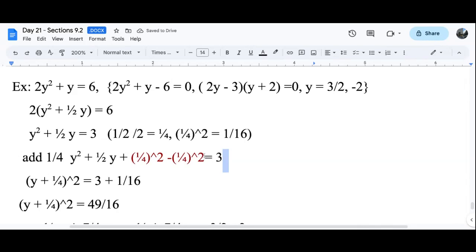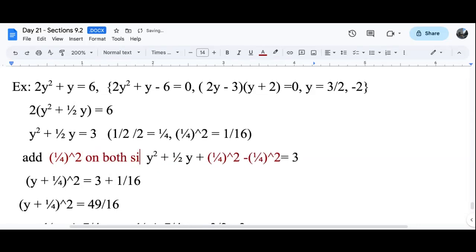We add 1/16 or 1/4 square on both sides, right? Okay, let's add on both sides.